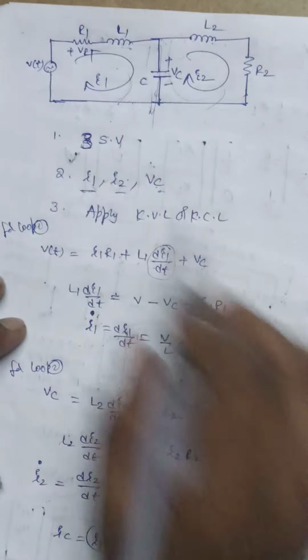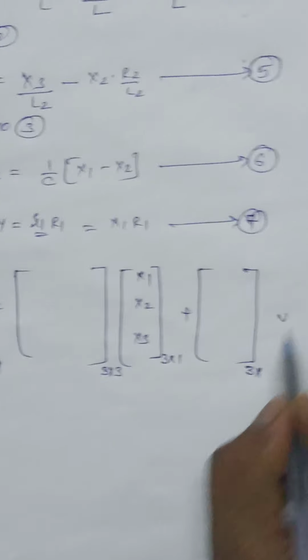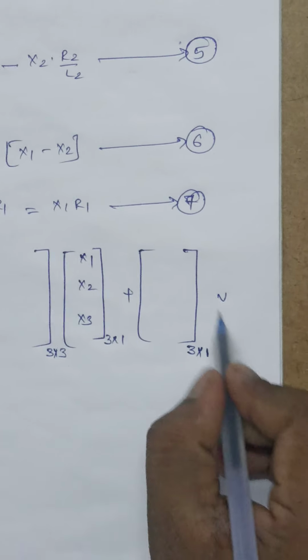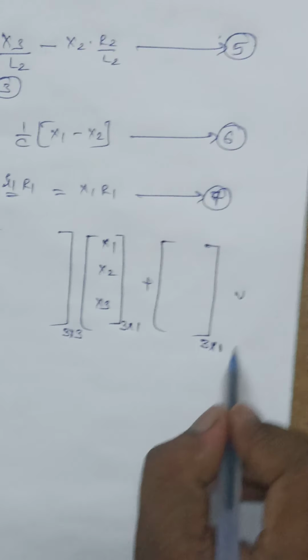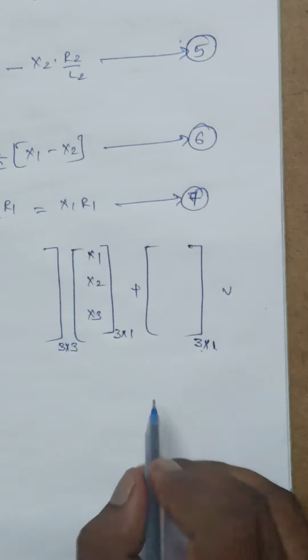How many inputs are there? Only one input, V of t, so it is a 1 by 1 matrix, and B will be a 3 by 1 matrix.